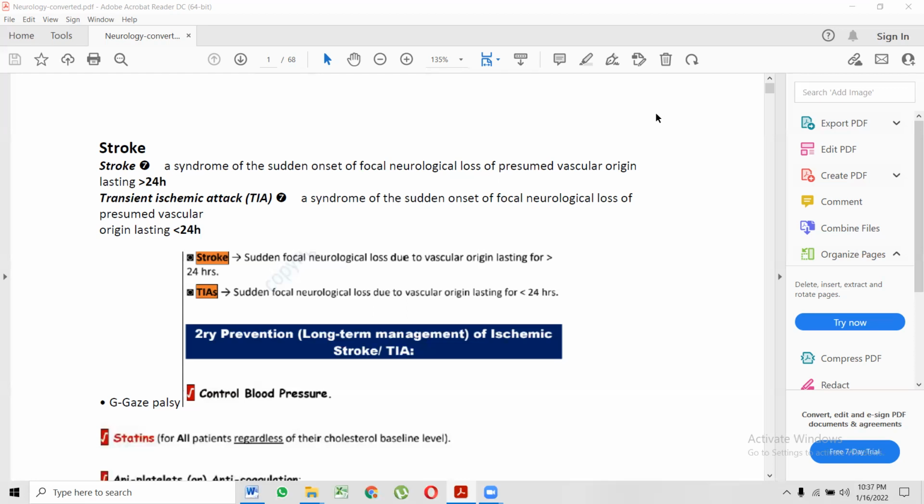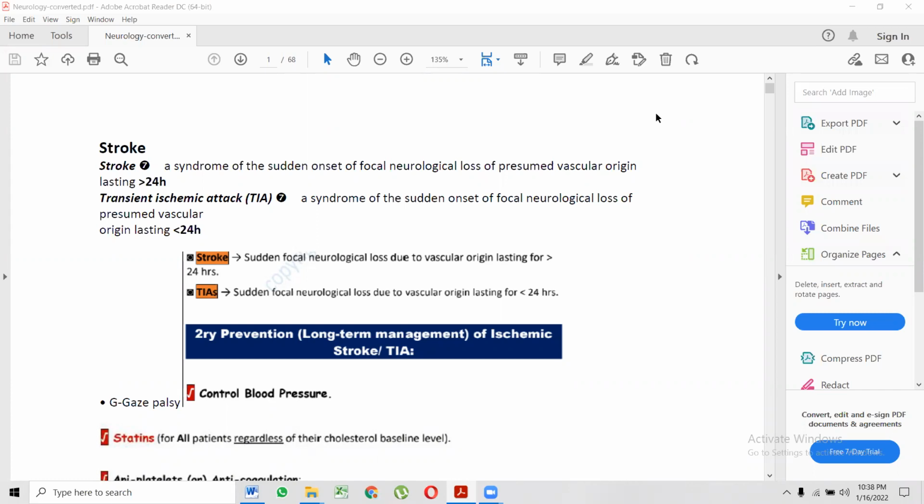So, what is stroke? Stroke is a syndrome of vascular origin. Stroke is basically a sudden interruption of blood supply to the brain. Whenever there is a sudden interruption of blood supply to the brain, the delivery of oxygen stops.